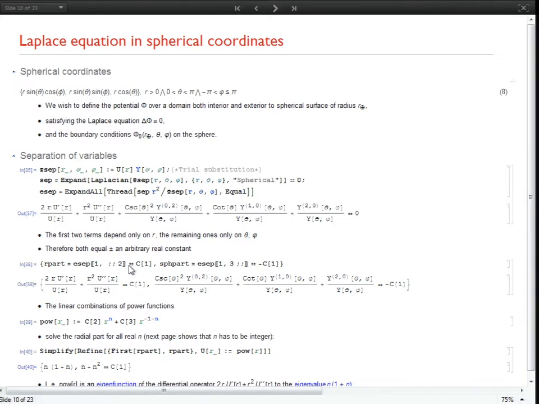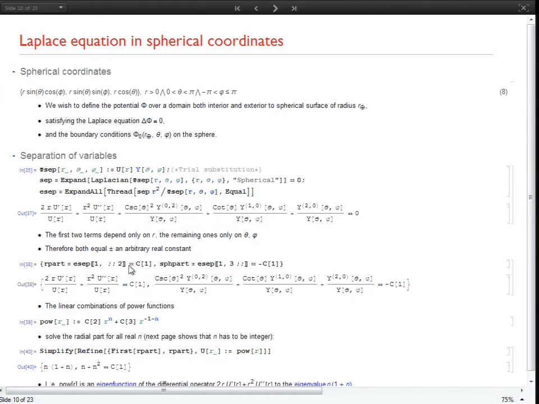Then you end up with this nice formula, and you see there are two terms which only depend on r, and three terms which depend only on theta and phi. Therefore the first group of terms is equal to an arbitrary constant, and since they sum up to zero, the second group of terms is the negative of that arbitrary constant. So we get these two equations.